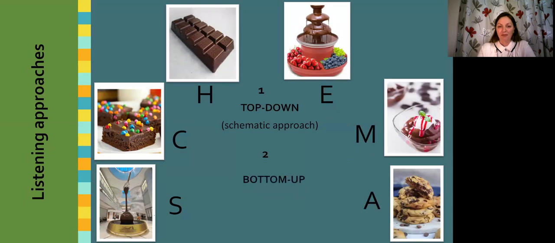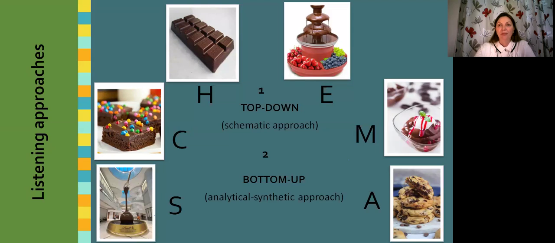And the other is bottom-up approach, which is analytical synthetic approach. Whether we are using one approach or the other will depend upon the purpose of listening. If we are listening for the main idea, we will use a top-down approach. And if we are listening for detail, we will use bottom-up approach.